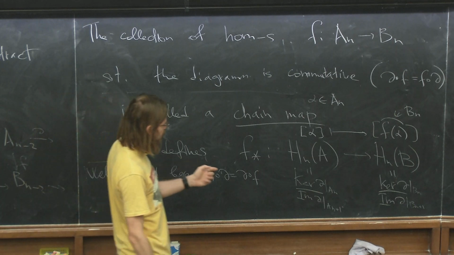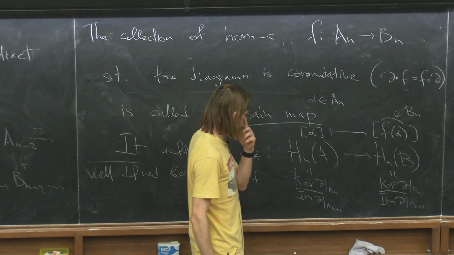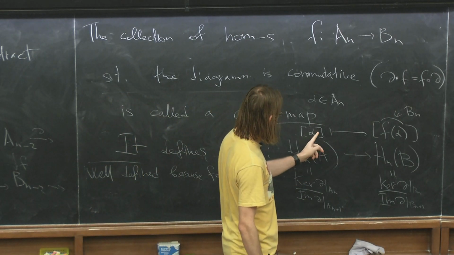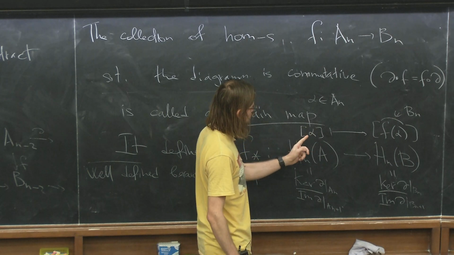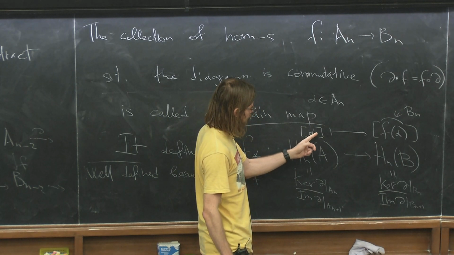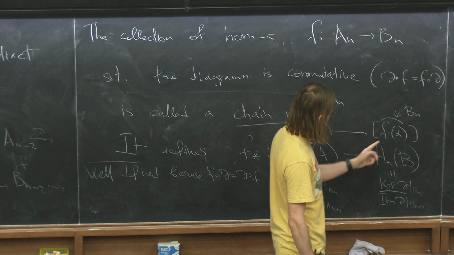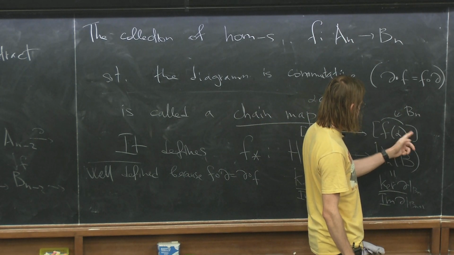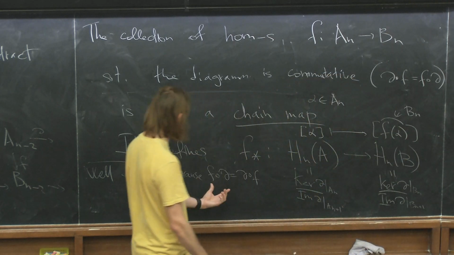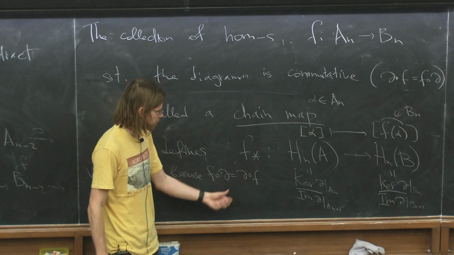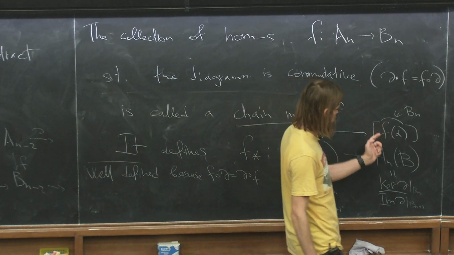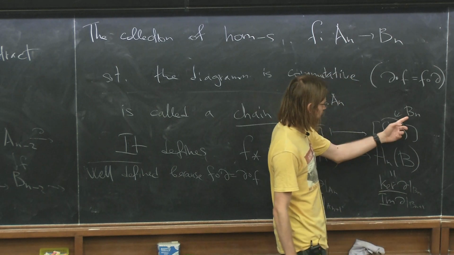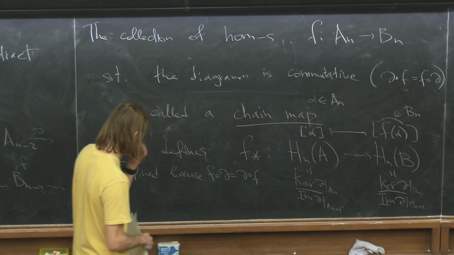And if you take another representative, the result will be the same, because if I change alpha by D of something, this will change by F of D of something, and then I can commute F with D, and the result will be the change of this by D of F of something, which is trivial in the homology.